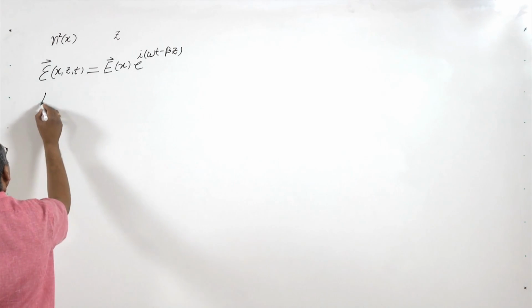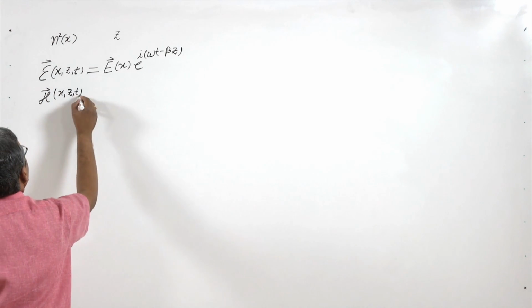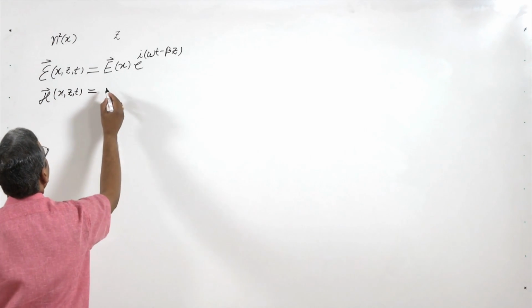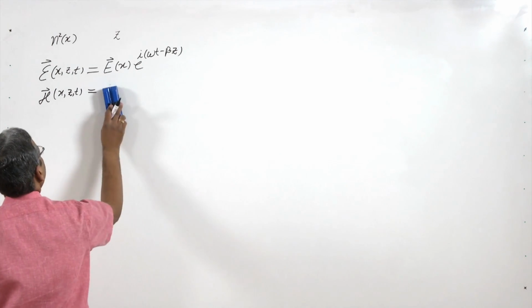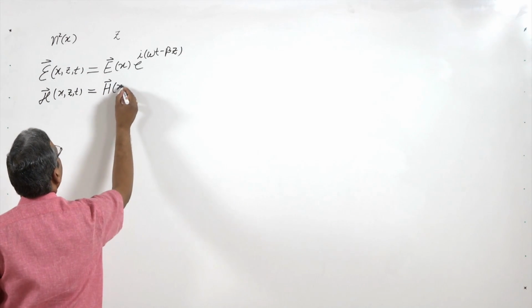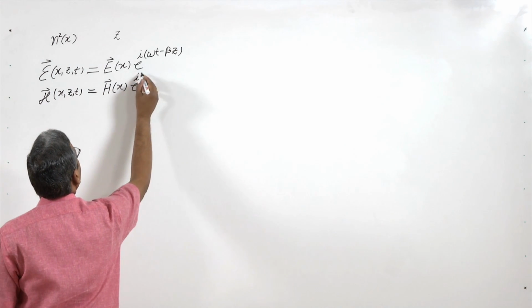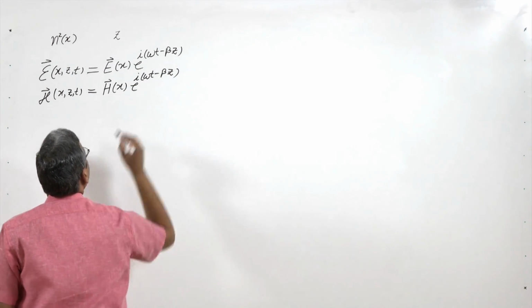Similarly, H(x, z, t) is equal to H of x e to the power i(omega t minus beta z).